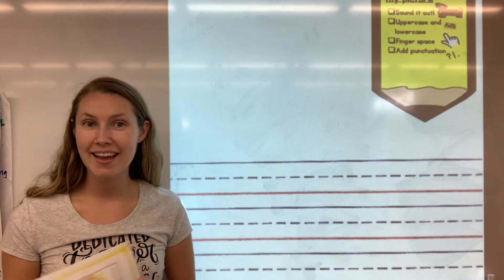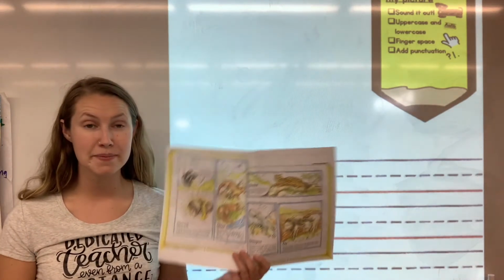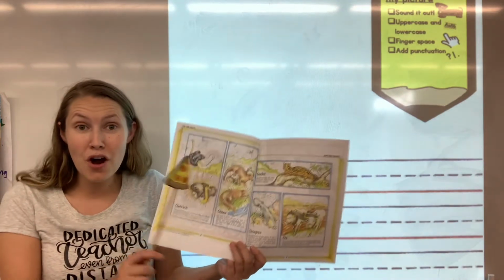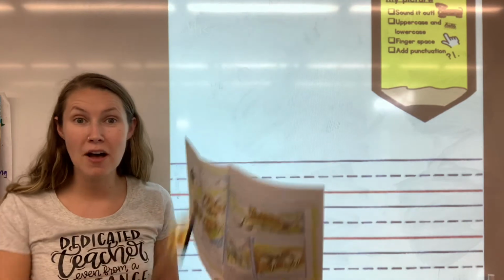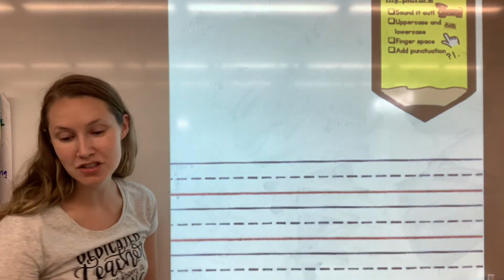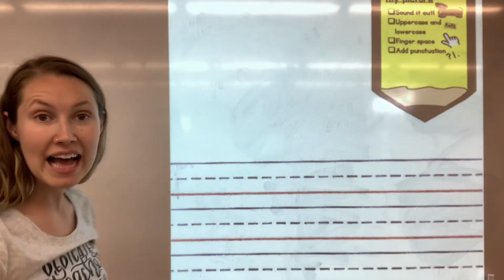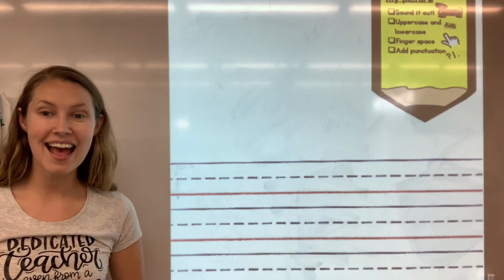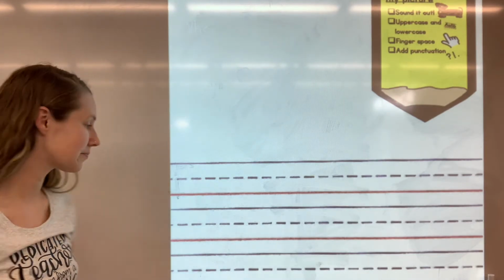What do you think? And usually we can use our word wall book to help us spell. Today you can use your Oswald book to help you spell because it tells you how to spell these odd animals right in your book. So I'm going to get started. And I'm going to start by writing I like the, and then I'm going to pick one of the odd animals to choose.